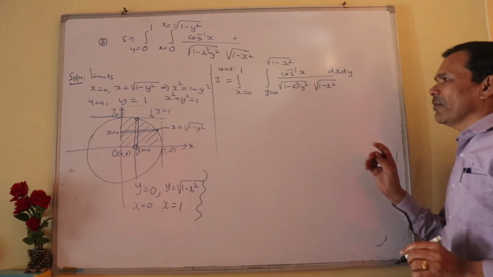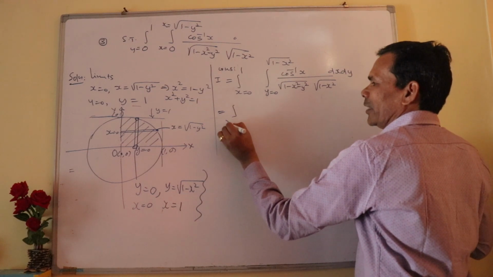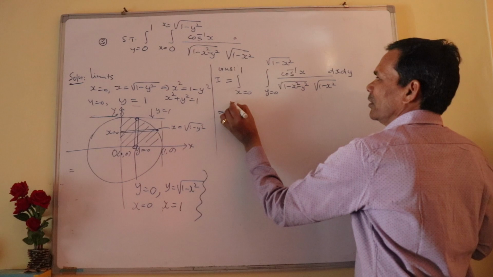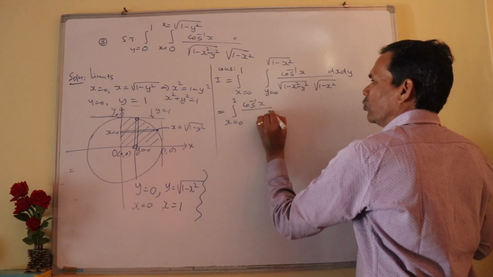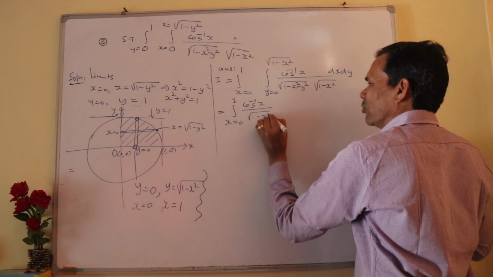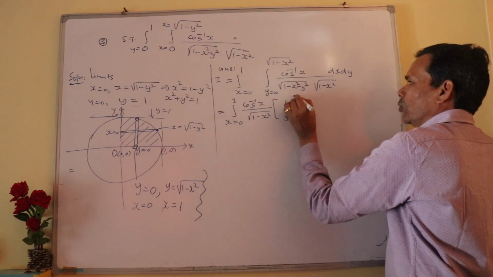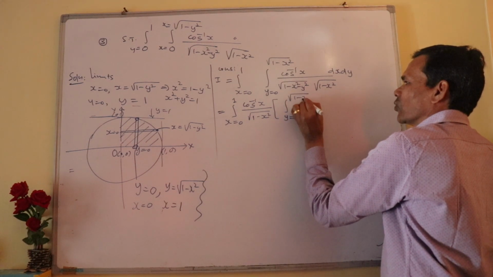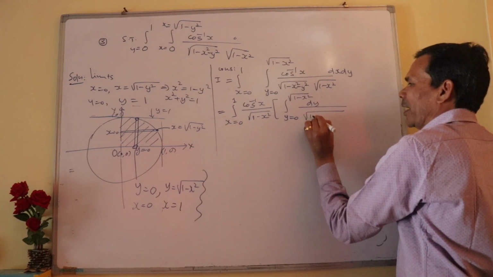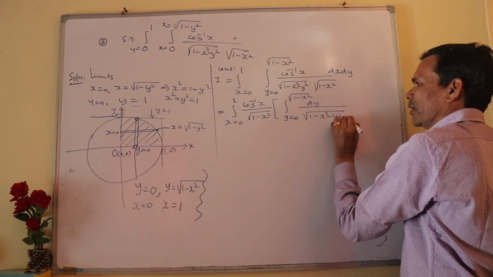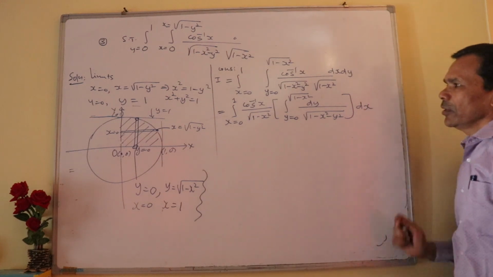Now with respect to y first, keeping x as a constant. So I take the terms of x outside, 0 to 1, cos inverse x divided by root of 1 minus x square, and here y from 0 to root of 1 minus x square, dy upon root of 1 minus x square minus y square, into dx.